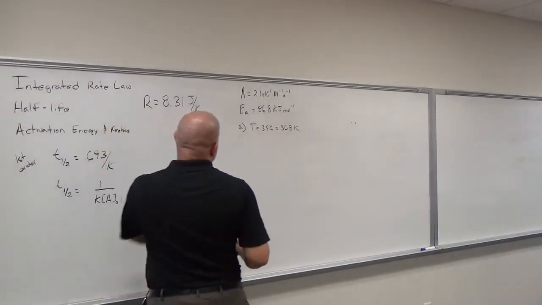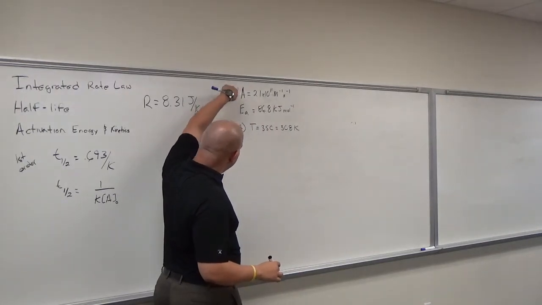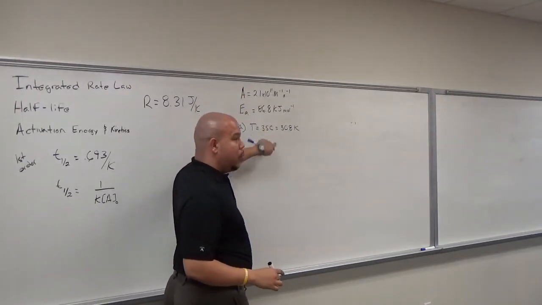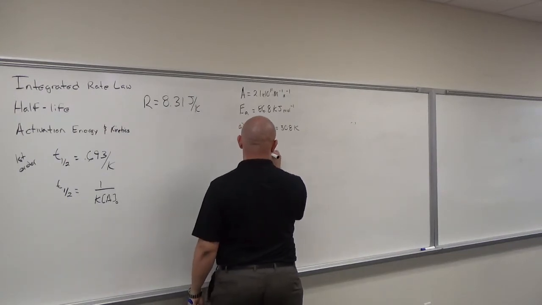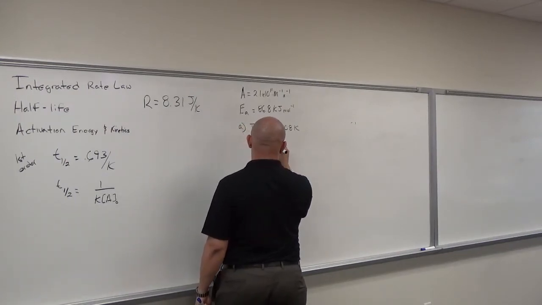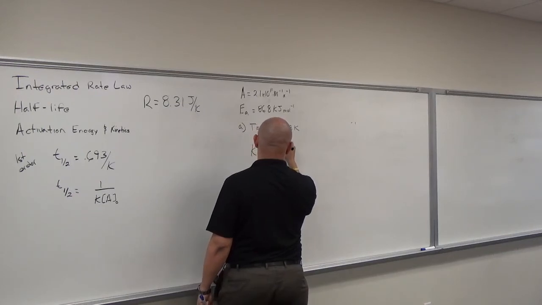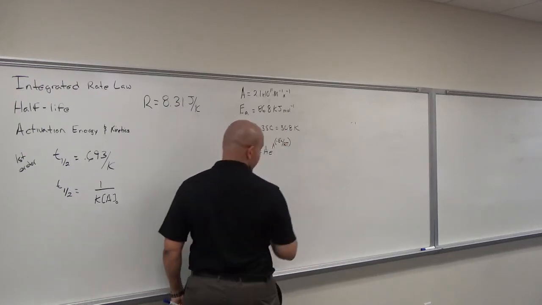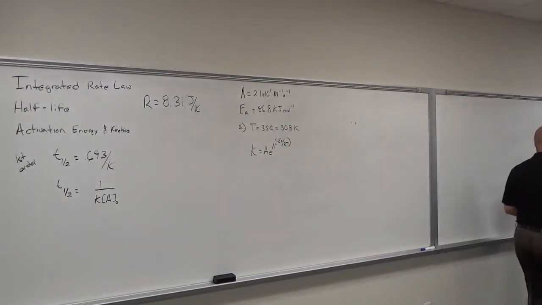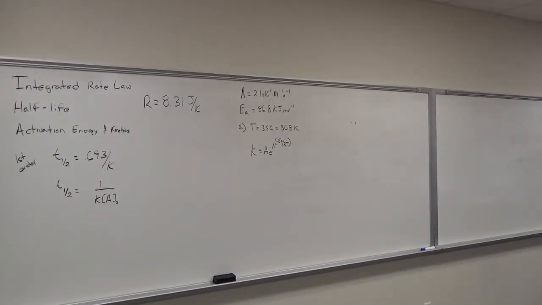Rate constant: if we've been given Ea, frequency factor A, and temperature, we can use the basic equation, k equals A e raised to the negative Ea over RT. And we have everything we need, right? I'm not going to rewrite it, I'm just going to plug it in. 2.1 E to the 11 times e raised to the negative 86.8 divided by 8.31 E to the negative 3.